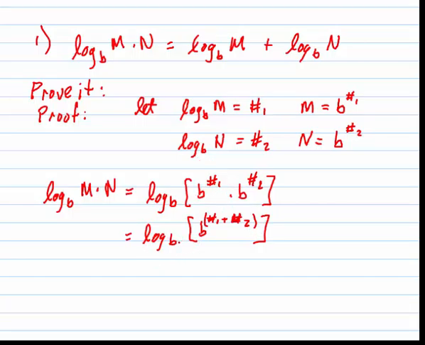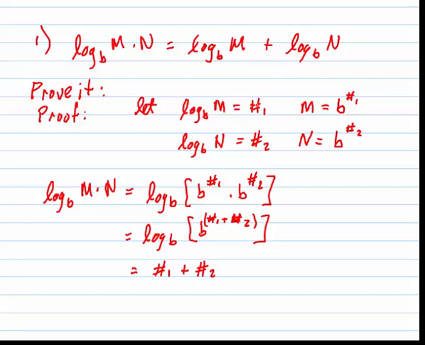And so, log base b of b to this number is just equal to that number. We're taking the b exponent out of b to the number 1 plus number 2, so that's clearly equal to just number 1 plus number 2. But what are these numbers?